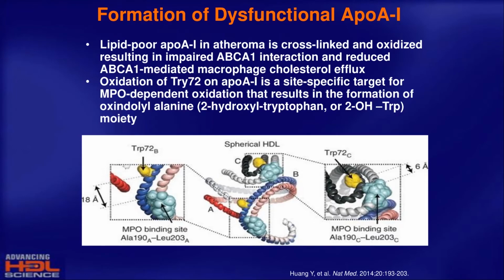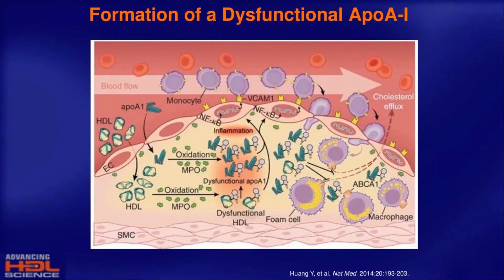So there's multiple site-specific modifications. And these modifications can result in a dysfunctional HDL that results in not an anti-inflammatory effect for HDL, but actually a pro-inflammatory effect, activation of nuclear factor kappa B, as shown over here.